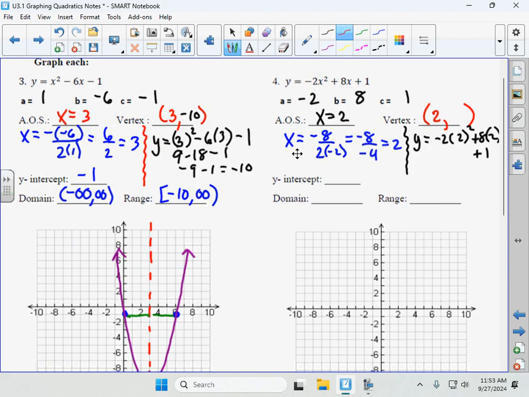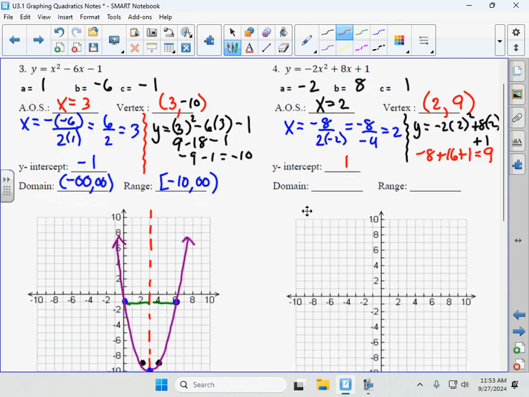All right, order of operations, 2 squared is 4. 4 times negative 2 is negative 8. 8 times positive 2 is plus 16, plus 1. And that should all simplify down to 9. All right, our y-intercept is the c value, which is positive 1.